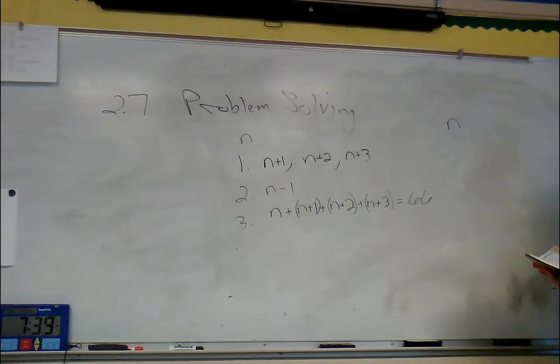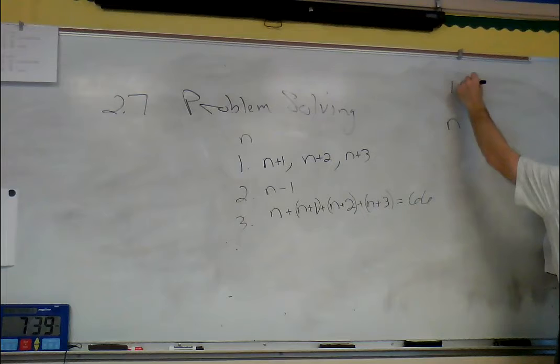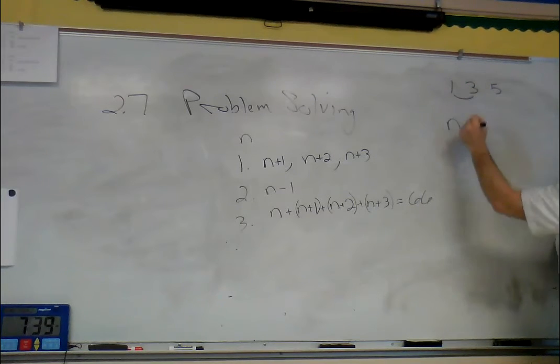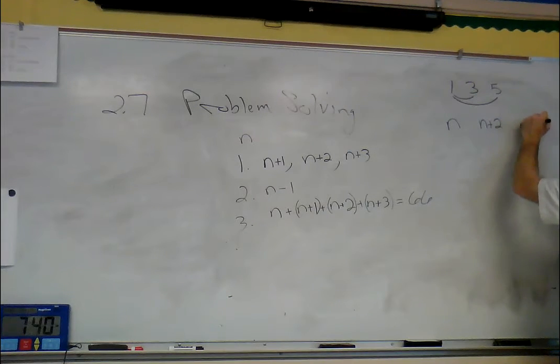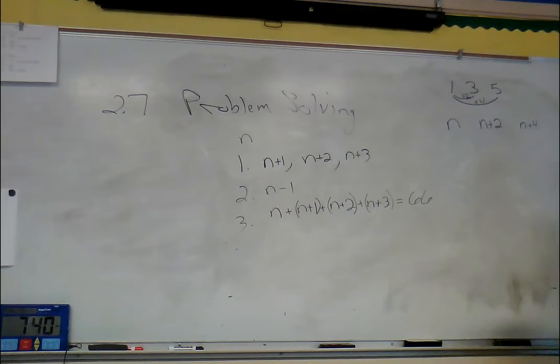Now, what would our next odd integer be? So let's come back. We're doing 1, 3, 5. What did we do here? Added 2. And what do we do here? Added 4. So plus 2 plus 4.